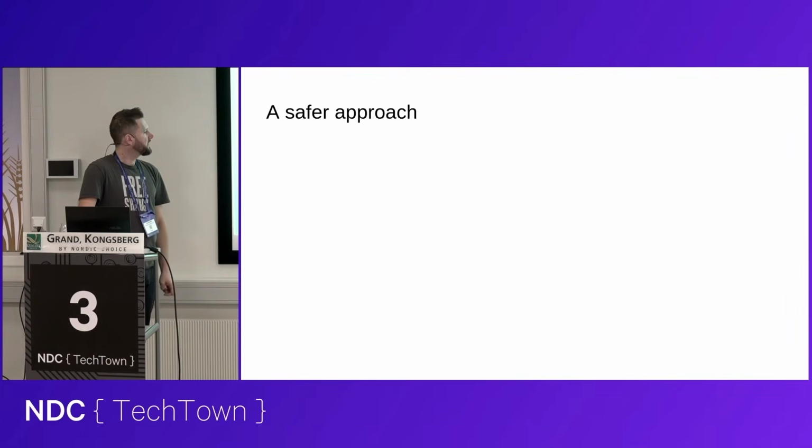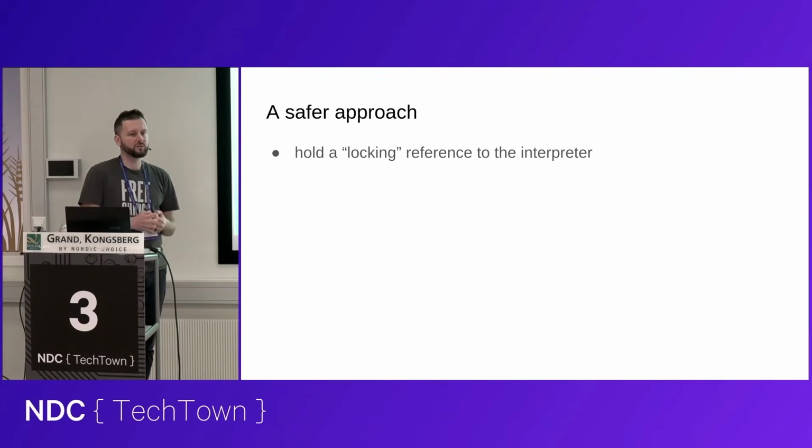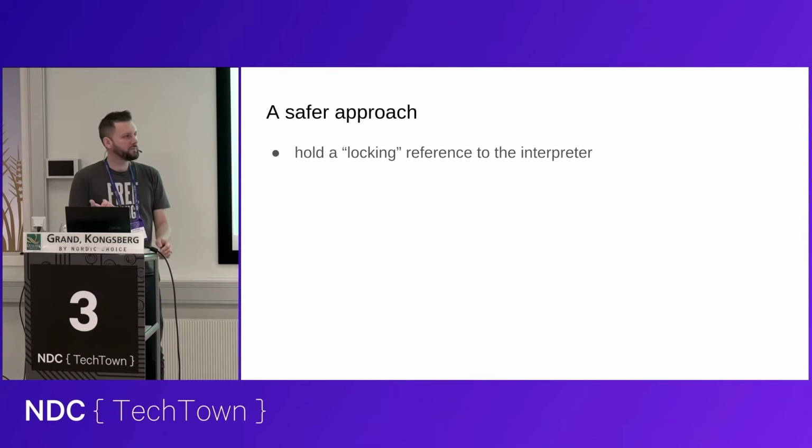Last thing I wanted to talk about: there's a safer approach to some of the problems that I've shown you before. What we actually should be doing is create some sort of reference to the interpreter itself. There are several options for that. That could be a global. Maybe a better choice is to create a new reference in some layer and then pass it to a closure.